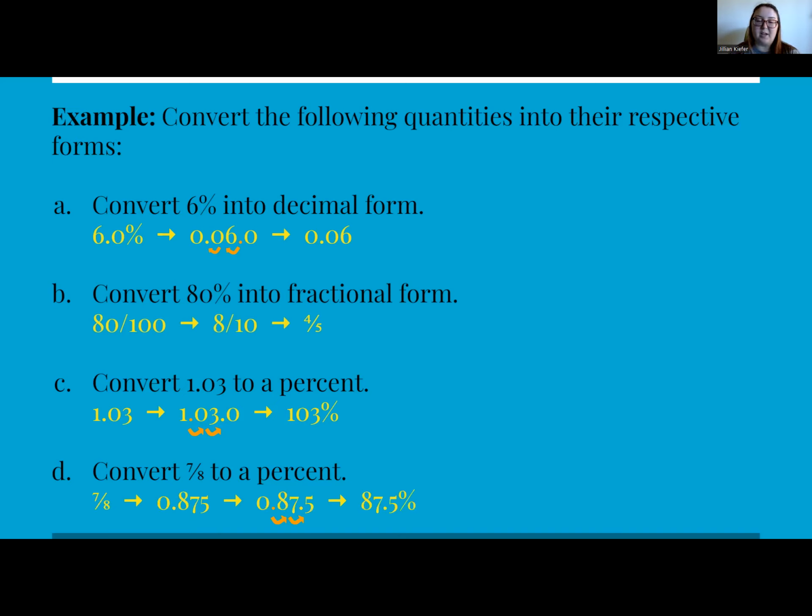So it becomes 87.5, and add the percent sign. So it would become 87.5%. So those are some examples of how we change from percent to decimal, decimal to percent, fraction to percent, all those kinds of things.